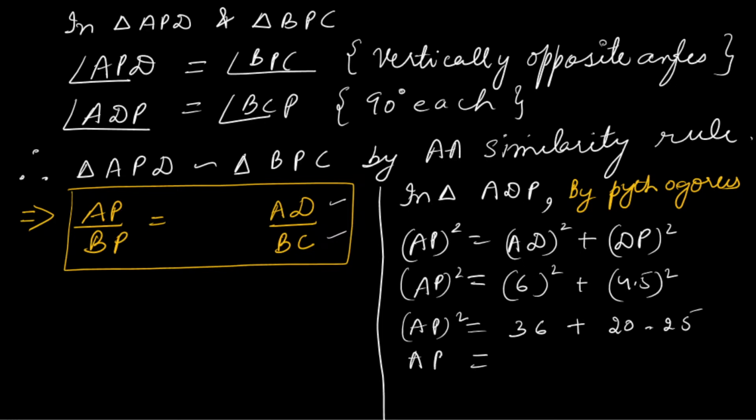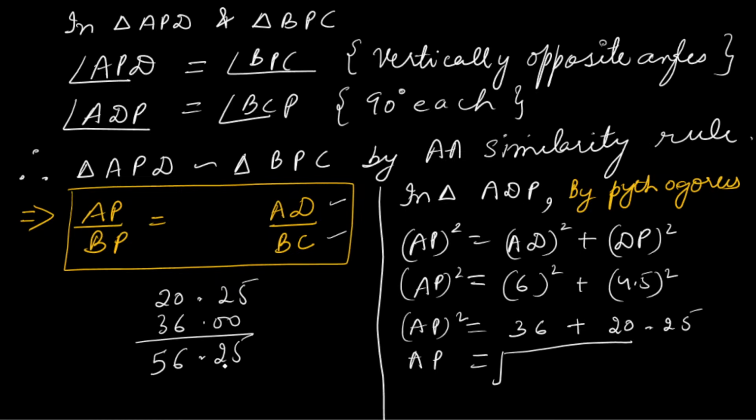So AP, if I shift square root to other side, it will become square. If I shift square to other side, so if I add both of this, 20.25 plus 36, so this will become 56.25. 56.25. So this is the square root of, so 56.25 I am getting here.